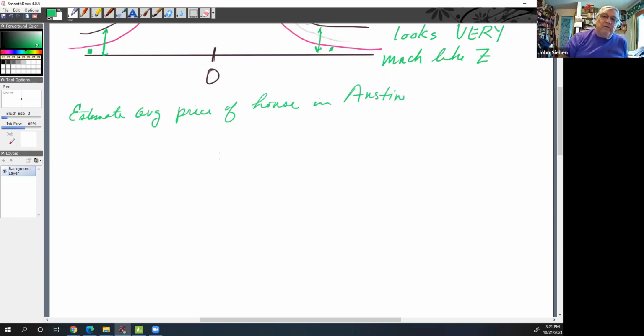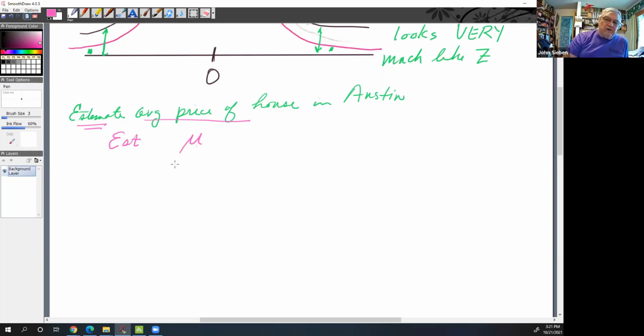Well, this is sort of a similar and sort of a different problem. We've been estimating, that's the similar part, but we've been estimating proportions, and now I don't want a proportion. I want to know about the average price of a house in Austin. Houses in Austin would be my population, and the average price of those houses would be the population parameter mu. So what I'm really asking here is for you to please estimate mu, the population parameter.